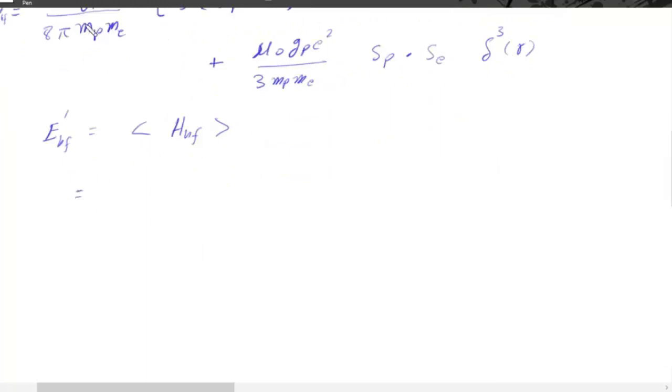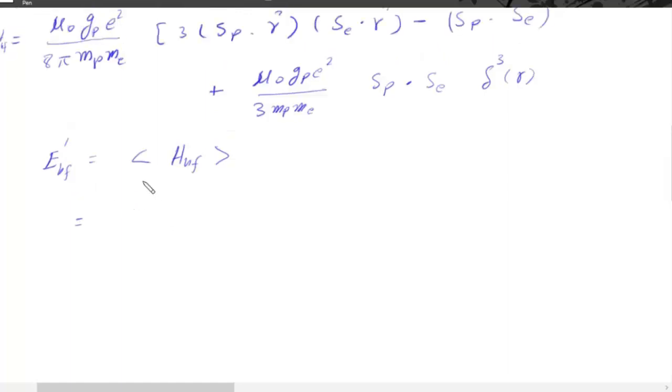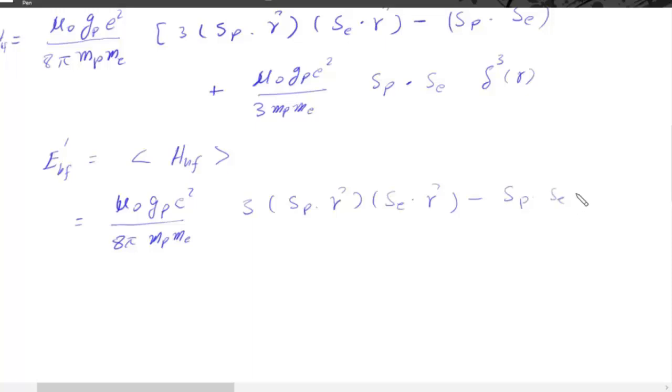This is equal to, since this is a constant, mu_0 g_p e^2 divided by 8 pi m_p m_e, and then this value: 3 (S_p · r̂)(S_e · r̂) minus S_p · S_e, divided by r^3.